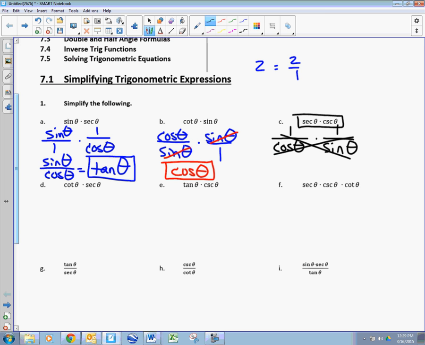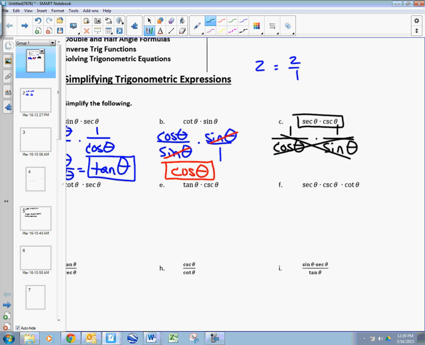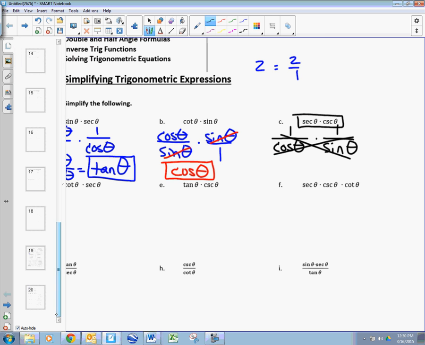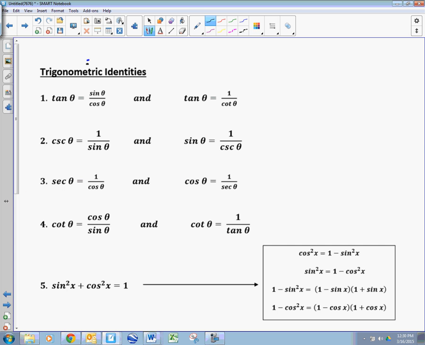Connor, question. Yes, excellent point. So here's just the short of it. This right here, I do not have this in front of my calculus students. All this they should memorize.